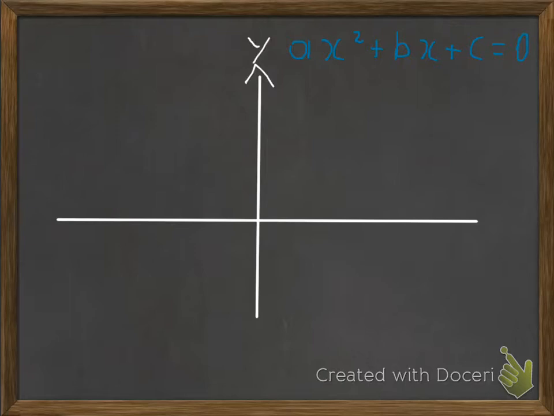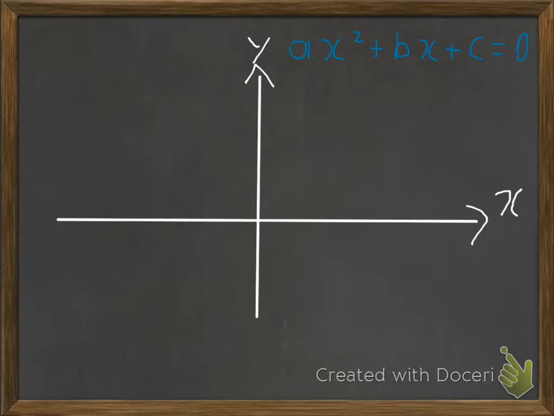Here's the y-axis, here's the x-axis. Recall, we wanted to find those x's that make our y 0. Well, those are the x-intercepts. That's where the graph would cross the x-axis.